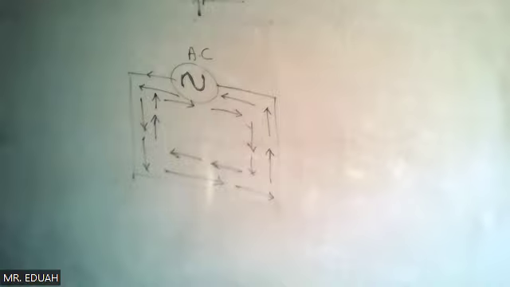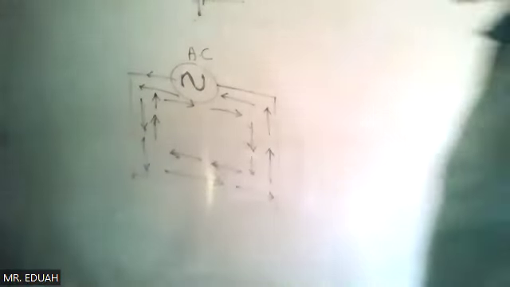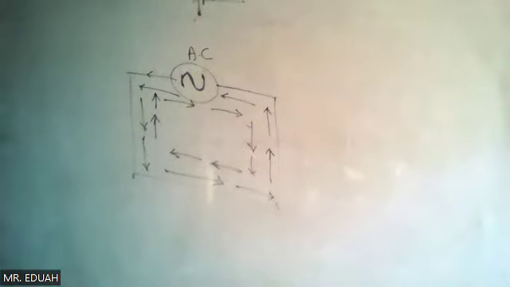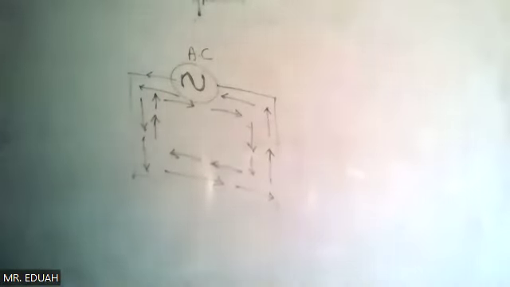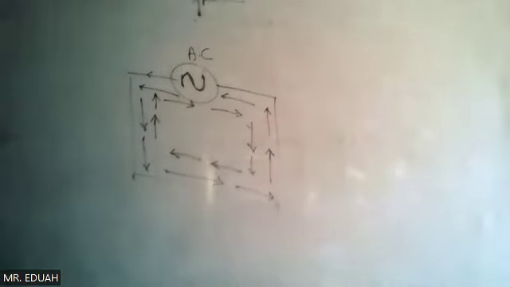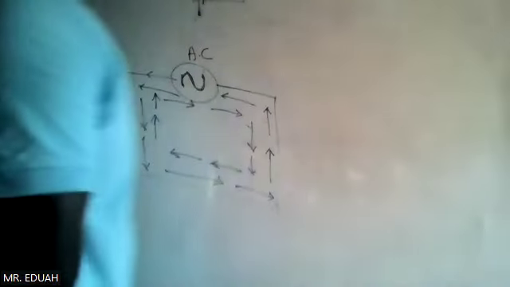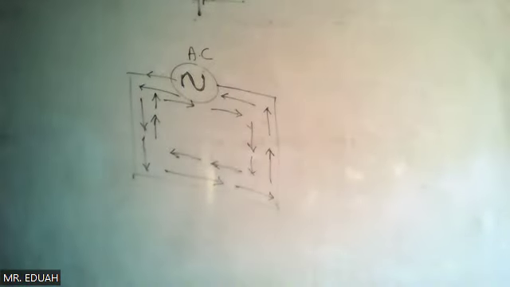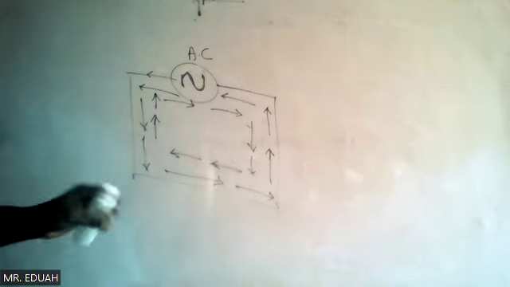All right. Now AC. AC is harmonic. It's a harmonic function. If you recall, when we were looking at examples of simple harmonic motion, I told you that the motion of current in a conductor is an example of simple harmonic motion.